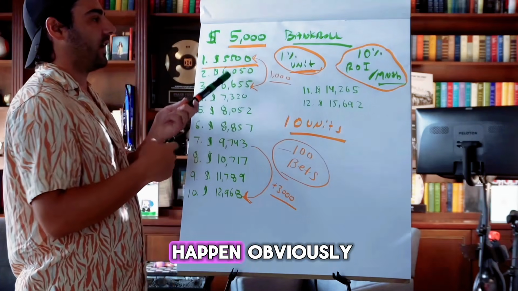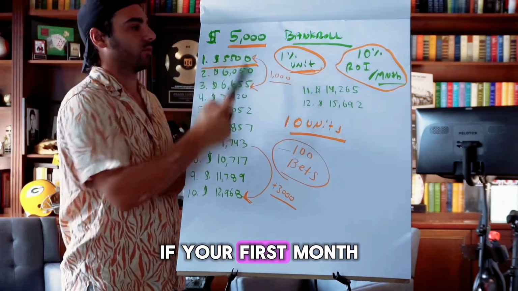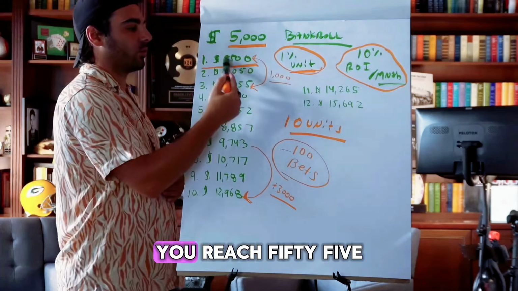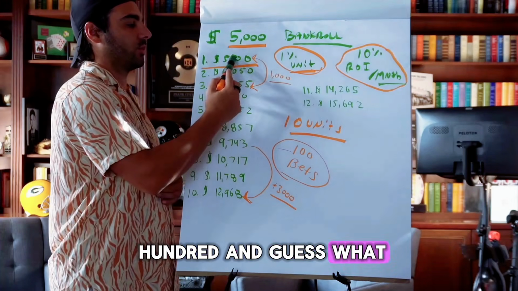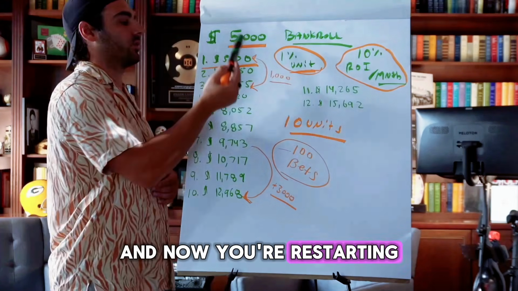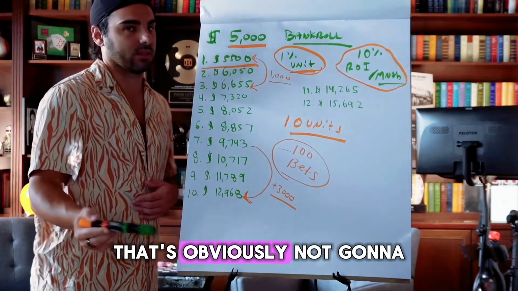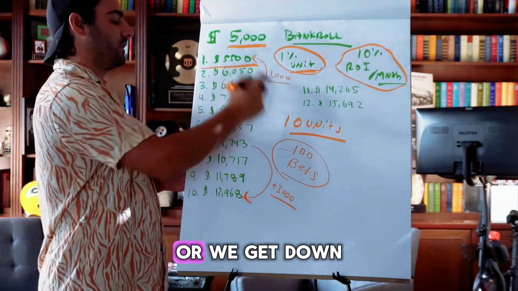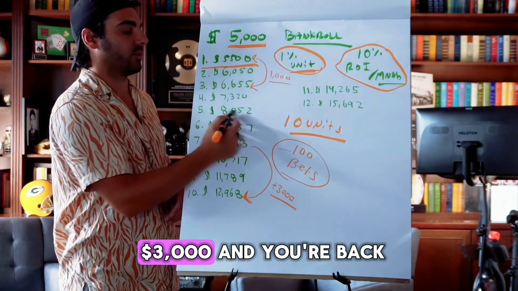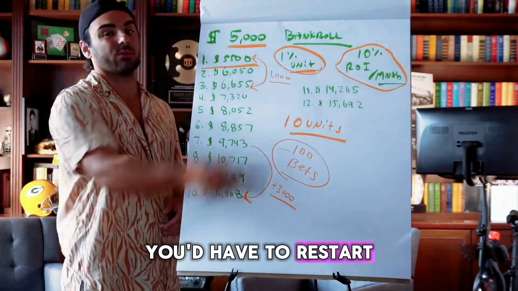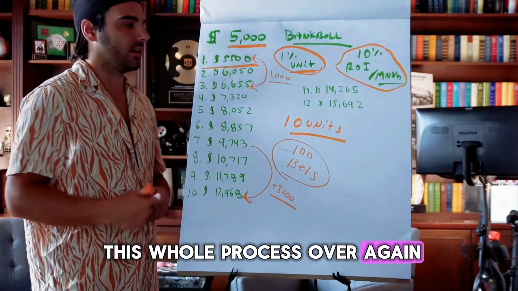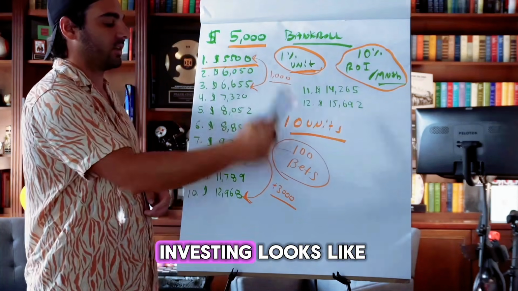Now, this isn't going to happen, obviously, if your first month with a $5,000 bankroll, you reach $5,500, and guess what? You take out $500 and now you're restarting it all over again. That's obviously not going to happen, all right? Or we get down to month 5 here and you take out $3,000 and you're back to $5,000. You'd have to restart this whole process over again. But this is what investing looks like.